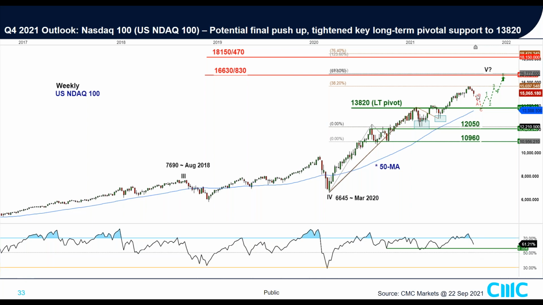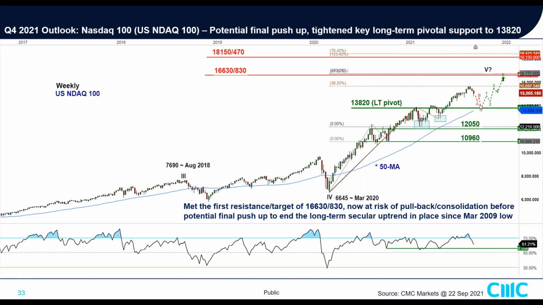So potentially what we could do over here is you may start to see a pullback that is taking shape right now. As long as this pullback held above 13,820, I tighten the key long-term pivotal support to 13,820. Why? This former swing high area here, formed previously, now turns to a pullback support, as well as the 50-week MA.